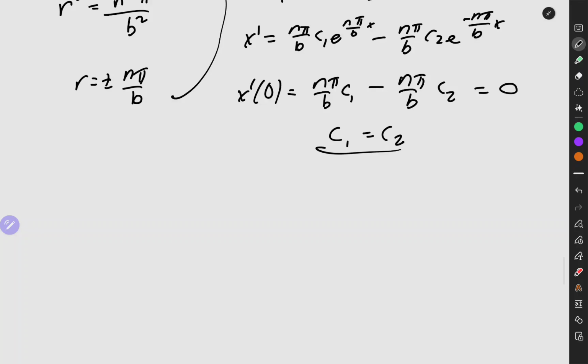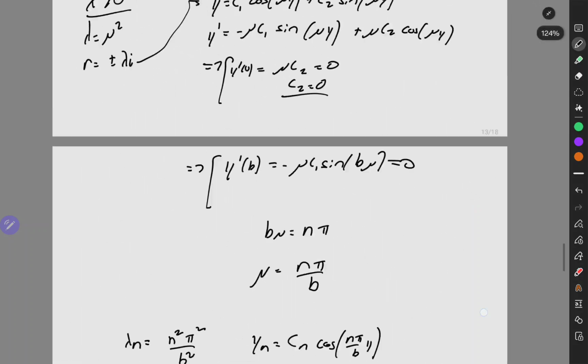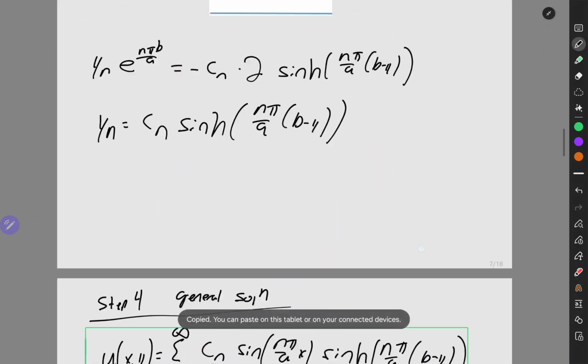So then we can plug that in for x. I'll plug in for C1, so then I can pull out a C2 from x. And then we're left with e to the n pi over b times x plus e to the negative n pi over b times x. One second here. Let me copy this right here.